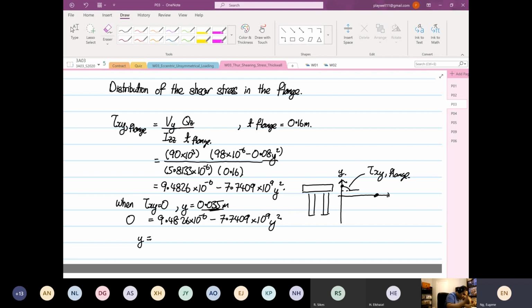Sorry, that is not minus 6, that is plus 6, my bad. Divide by 7.7409 power of 9. Then take the square root of my answer. So I get 0.035, or 0.03499.